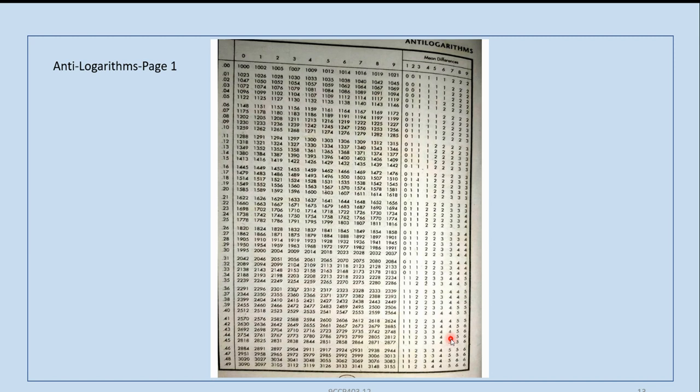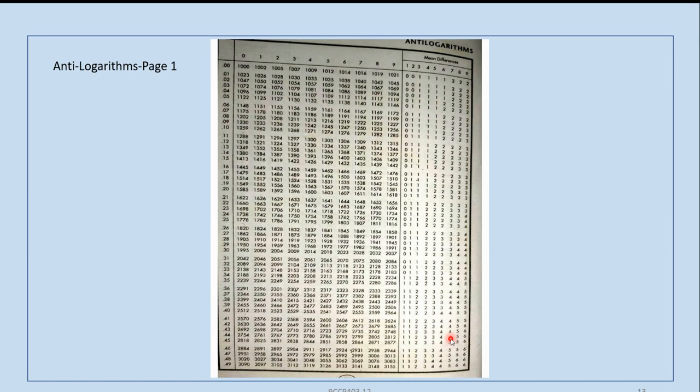This 3 is called the characteristic of that number. So we will consider this part. 7 is the characteristic of the logarithm of the number which is taken for anti-logarithm. 7 means how many digits should we have?